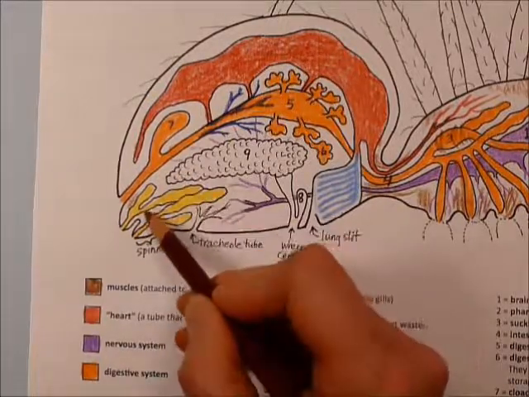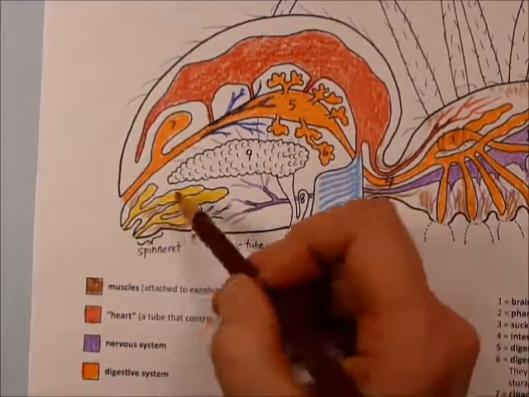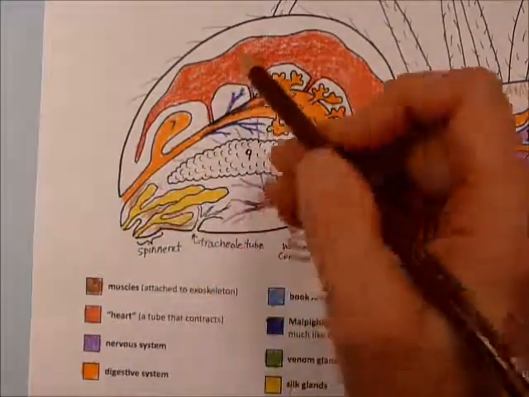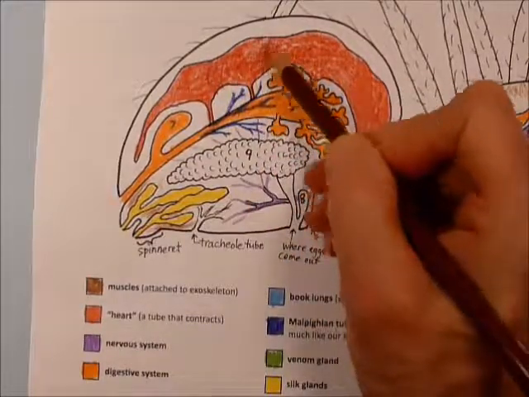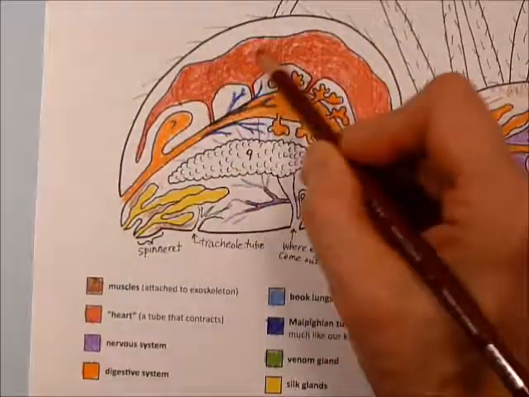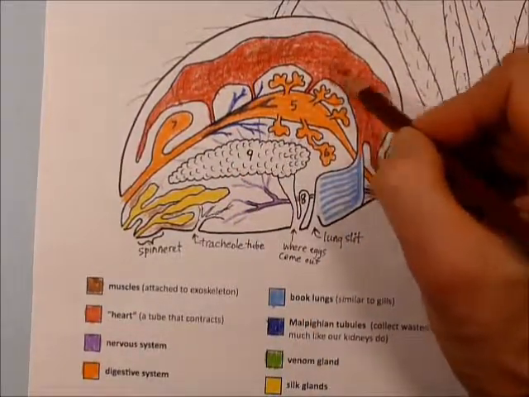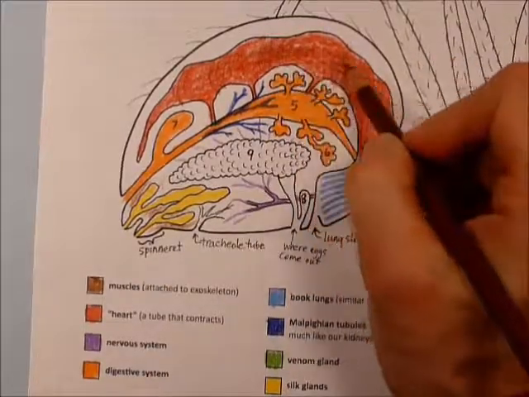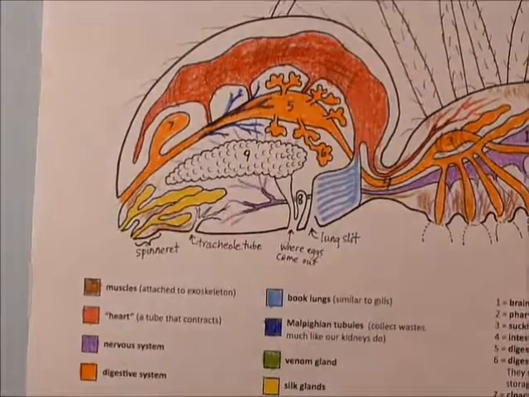We would have some muscles helping to control the movement of the spinneret guts around. And of course we'd have muscles around this tube here. We'd have muscles probably going this way and that way. We don't want to create a mess here. Just to suggest it, just so we know they're there. That's a muscular tube.